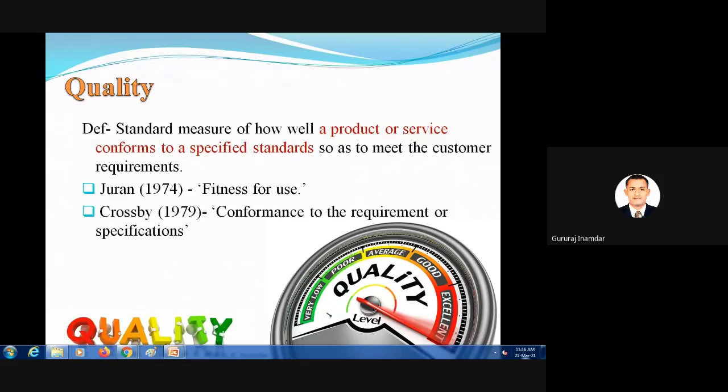Which facilities should be available in the two-wheeler? We have to consider the area of that vehicle or of that customer. Suppose the customer is using that vehicle in rural areas or in city areas.